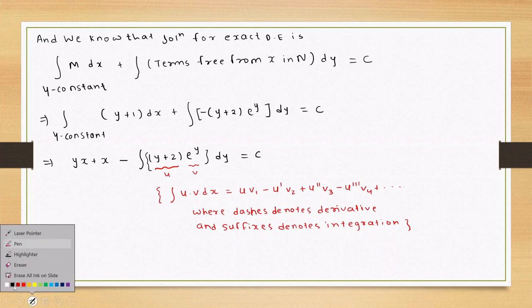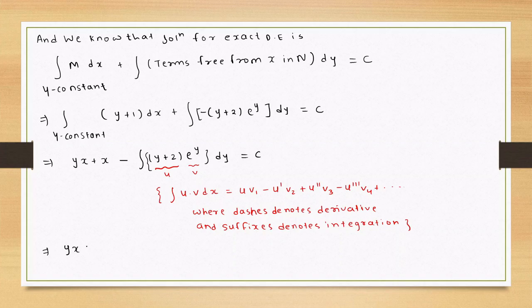Okay, now this implies yx plus x minus, so this is u.